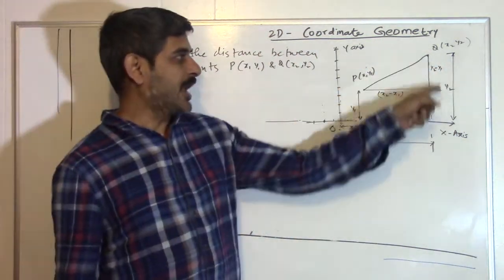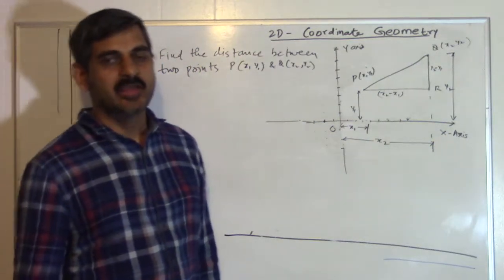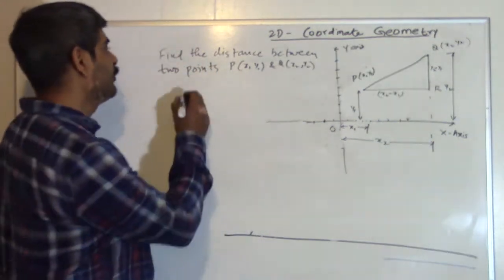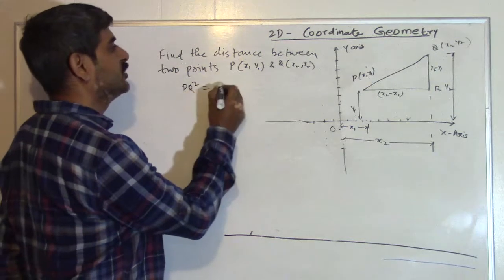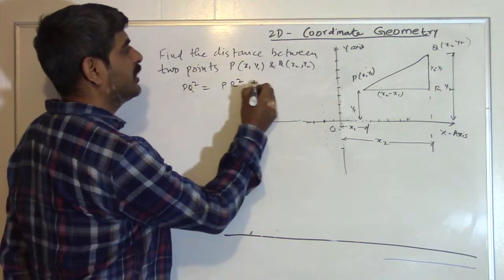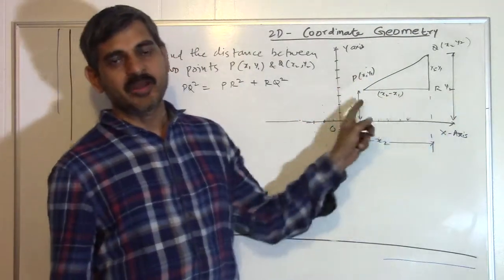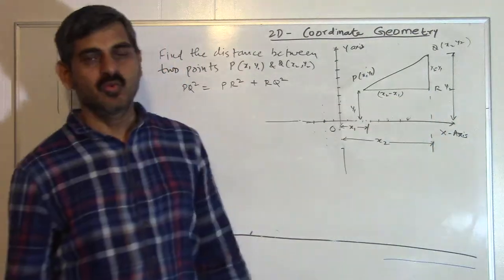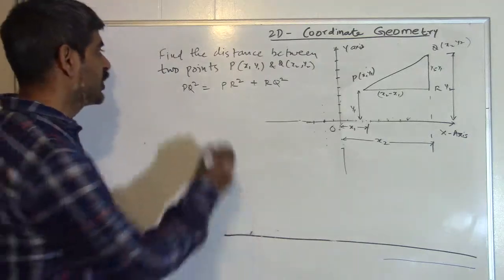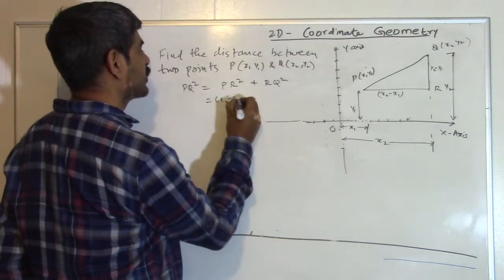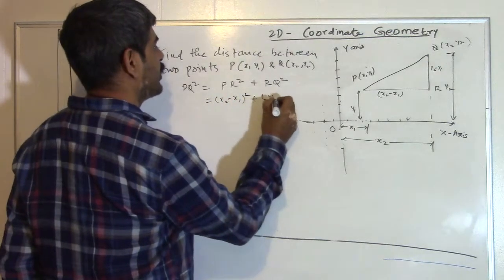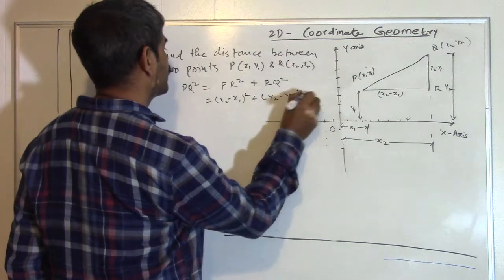And now in this right angle triangle PQR, we can apply the Pythagoras theorem. PQ square is equal to PR square plus RQ square. PR is x2 minus x1 and QR is y2 minus y1. We can write it as x2 minus x1 whole square plus y2 minus y1 whole square.